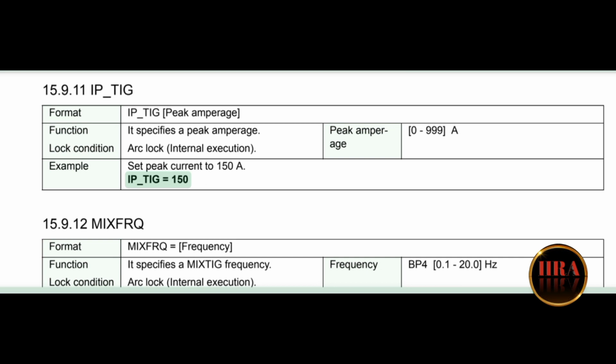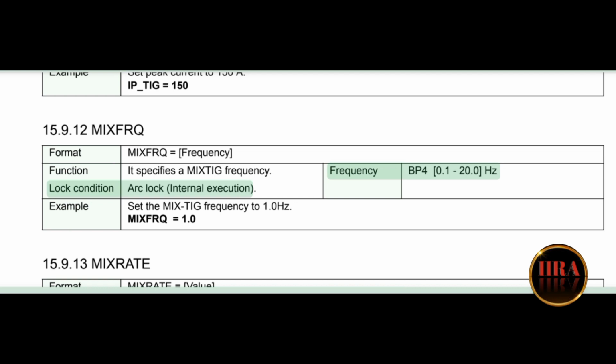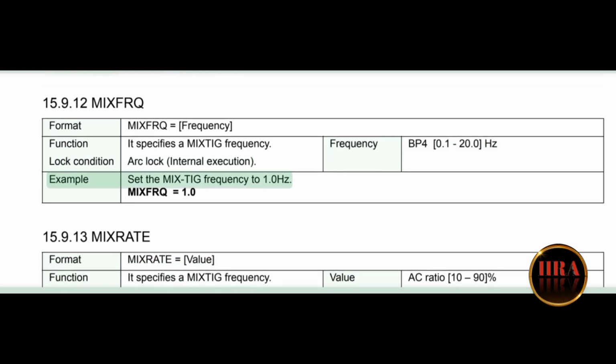IP_TIG equals 150. Format: MIXFRQ equals frequency. Function: it specifies a MIXTIG frequency. Frequency: 0.1 to 20.0 Hz. Lock condition: arc lock, internal execution. Example: set the MIXTIG frequency to 1.0 Hz.